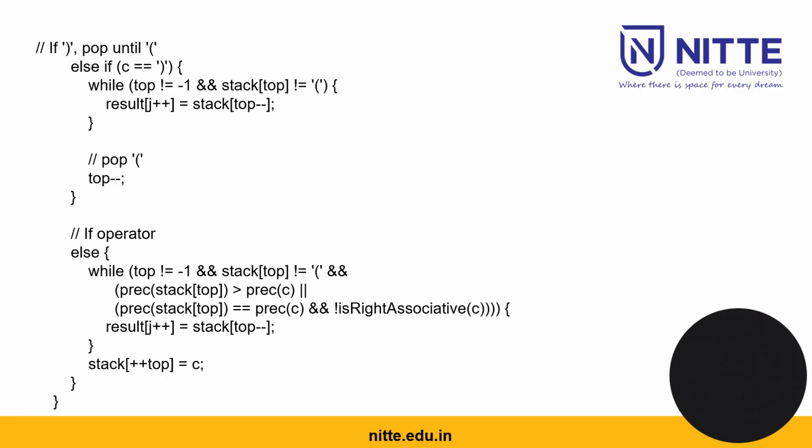So how do we write the code for this? I will write an else part and again take if c is equal to closing parenthesis, then we check the while condition. How to check it?